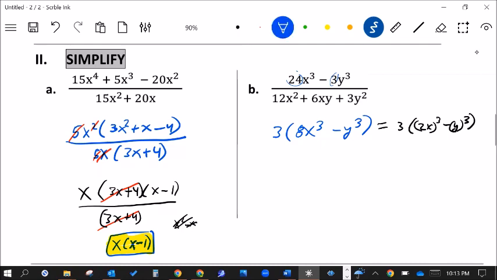Now, underneath it, when I look at all this, all I can do is really just take a 3 out of it. Okay, so I have 4x squared plus 2xy, that's for this part here, divided by 3, and then plus y squared.